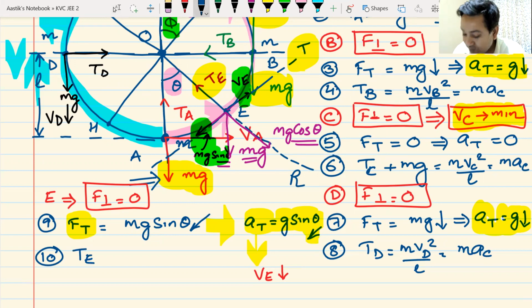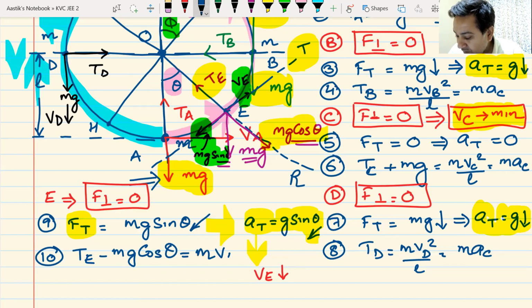TE is towards the center, minus mg cos theta, which is away from the center. See this yellow: mg cos theta is away from the center. TE is towards the center. TE minus mg cos theta must be equal to m into VE squared by L. That is the equation that we were looking at.